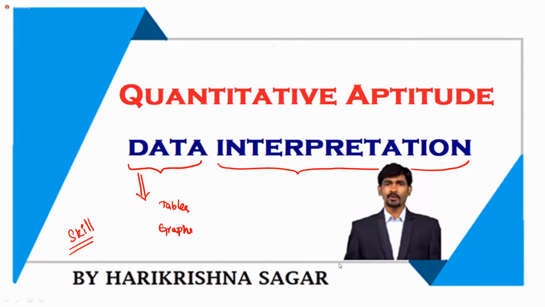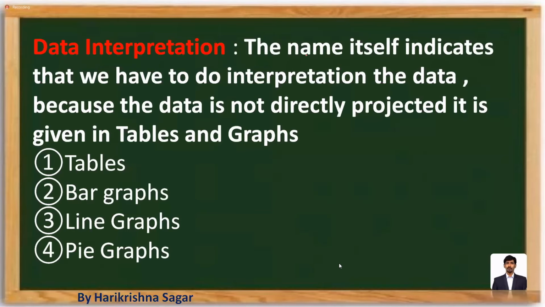So tables or graphs are given, and we have to interpret the given data. That means you have to understand what the given table or graph is. After interpreting, you have to proceed with solving the questions.